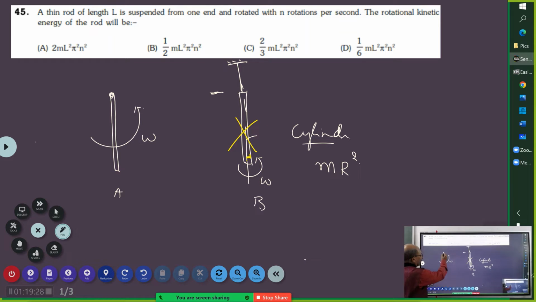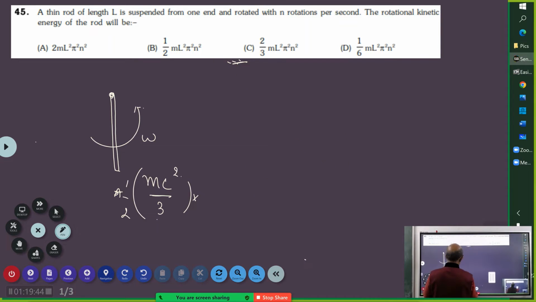You have to find I at this point of the rod, so it will be ML square by 3. Half I into omega square. What is omega here? Omega will be 2 pi n. So this will be the kinetic energy.